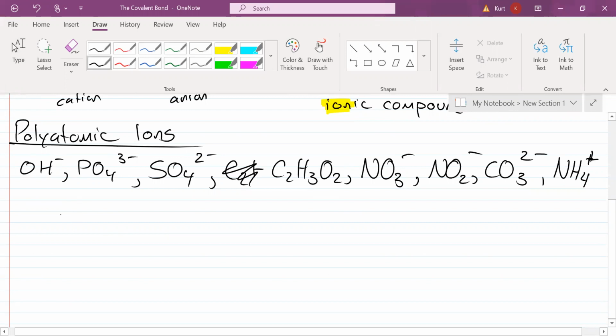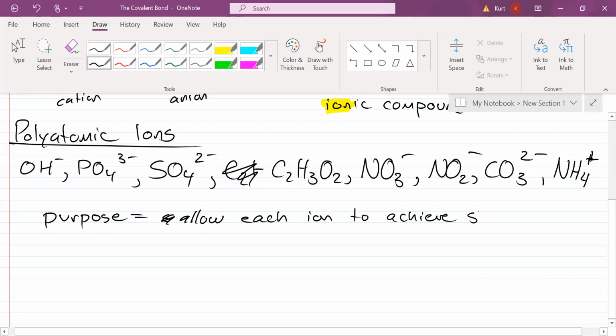Now, the purpose of these ionic bonds in these ionic compounds is so that it allows each ion to achieve stability. A classic example with the sodium ion, for example, or this is a sodium atom.